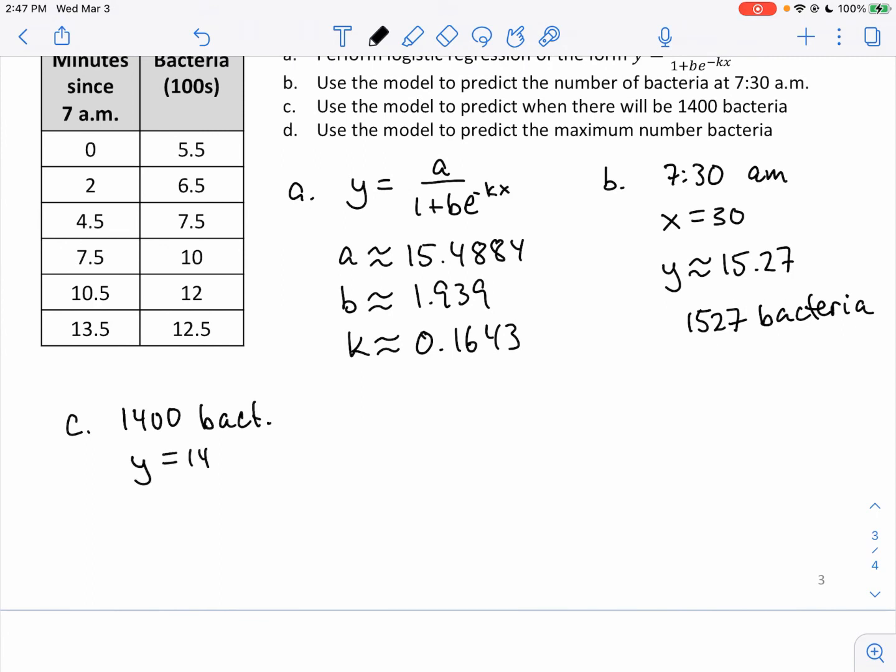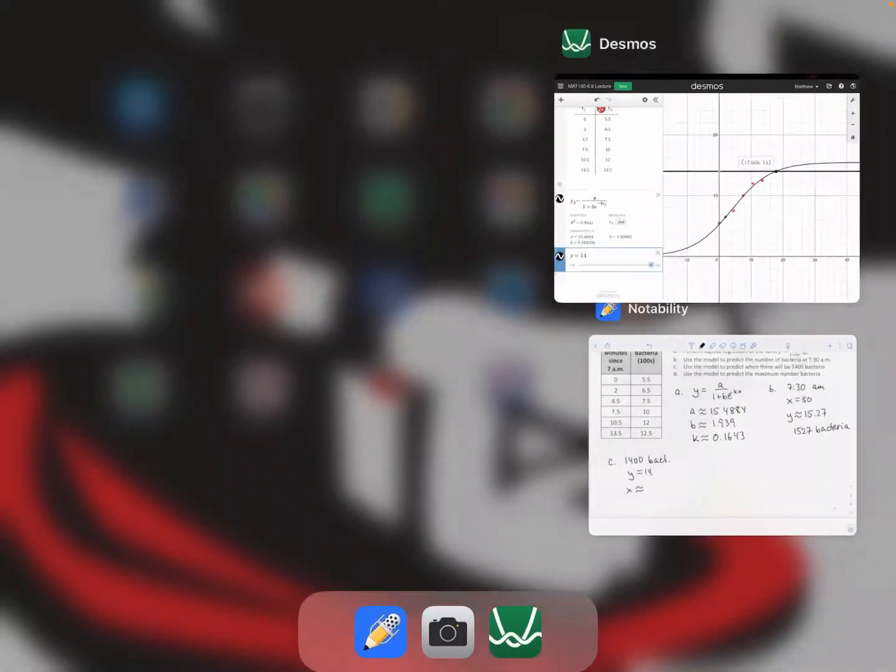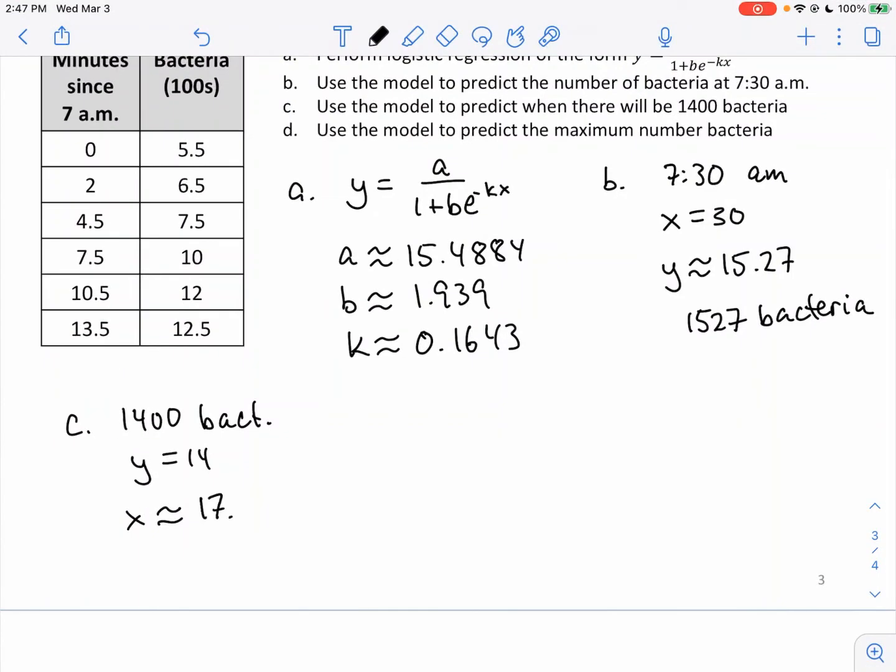And then we found out that X was approximately 17.668, meaning that the time is approximately 17.668 minutes after 7 a.m.